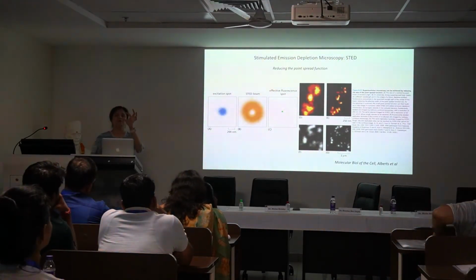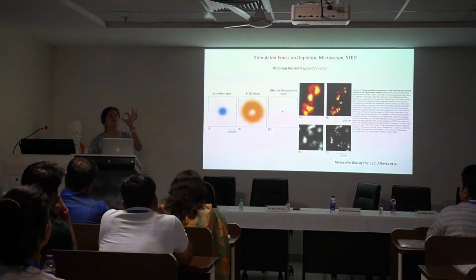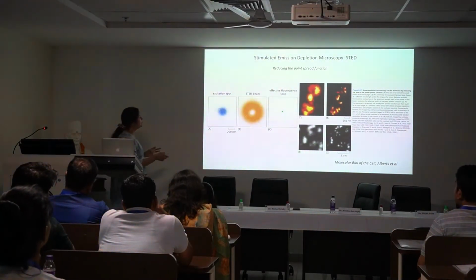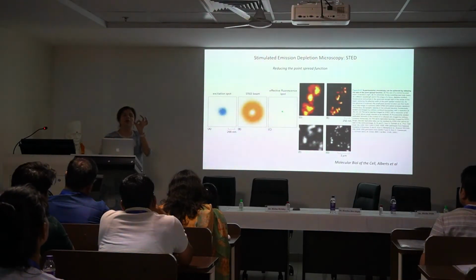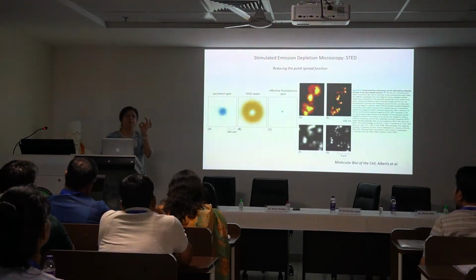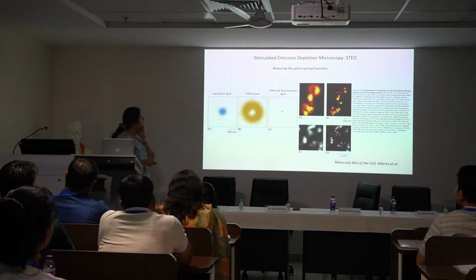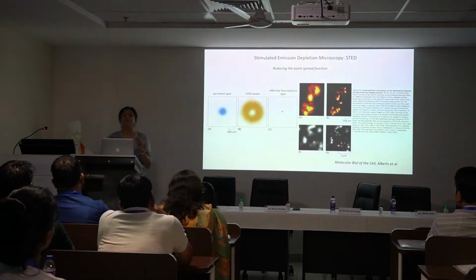Now one can adjust the size of the donut. You can imagine that if the donut is big, then many more pixels are getting excited in the middle. If the donut is really small, and you make it as small as possible, you get light from only one molecule. There are problems with this as well: that one molecule has to be very bright.